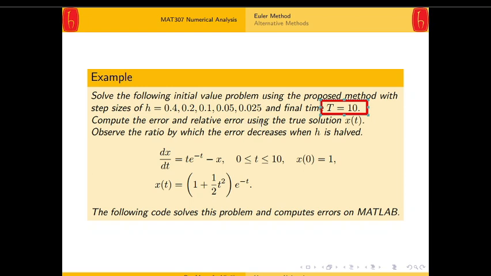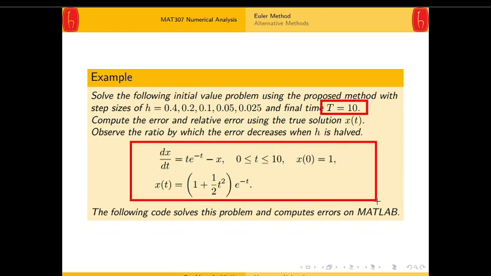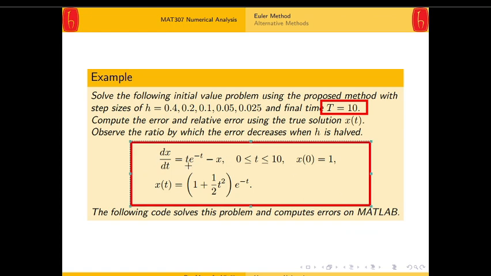Compute the error and relative error using the true solution. Here we are given the initial value problem, the initial value, and the final time is 10, and we are also given the true solution.